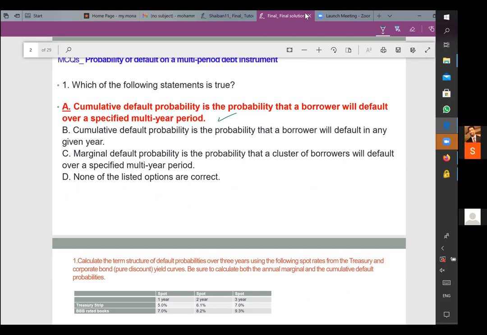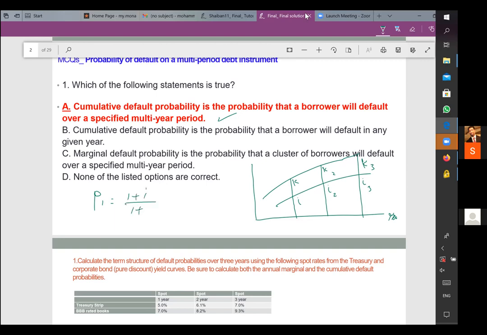So when we have the years, year 1, year 2, year 3, and for example the I and K for year 1, I and K for year 2, and I3 and K3, I can know now P1 is actually 1 plus I over 1 plus K, which means to get the probability of payment for year 1.